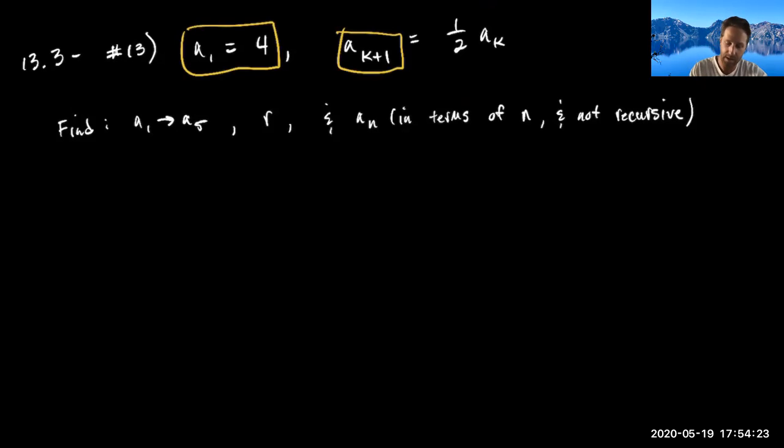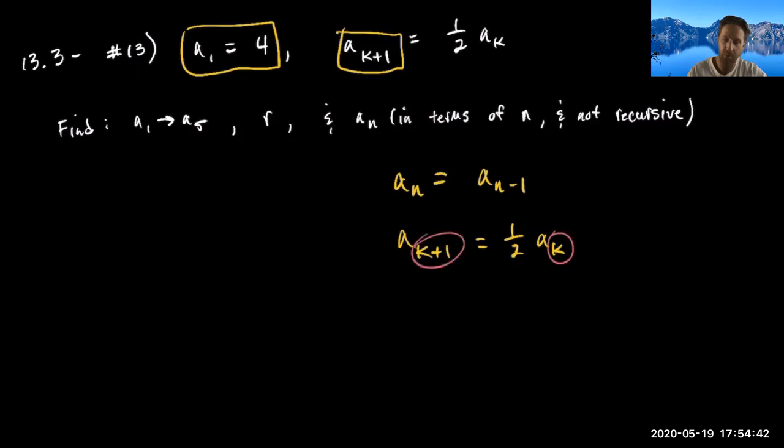But instead of writing a sub n and using a sub n minus 1, the term before it, they're saying use a sub k plus 1, and it's equal to 1/2 a sub k. So again, you can see, hopefully, that this is just the term before this. So rather than writing the minus 1 for n, they're saying k plus 1, and the term before it is k. All right?